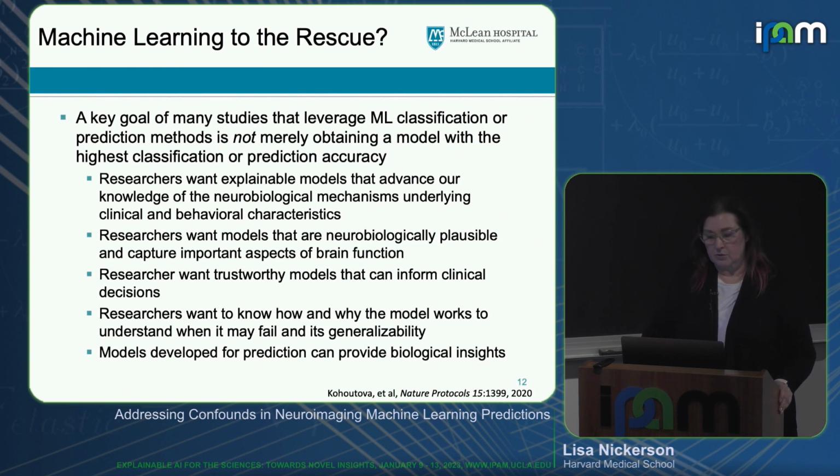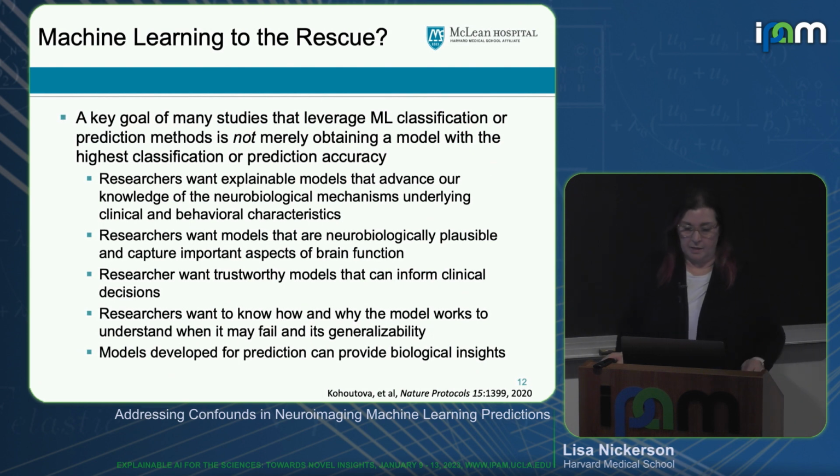They want models that are neurobiologically plausible and capture important aspects of brain function. They want trustworthy models that can inform clinical decisions, and they want to know how and why the model works to understand when it may fail and to understand its generalizability. Models developed for prediction can provide biological insights.